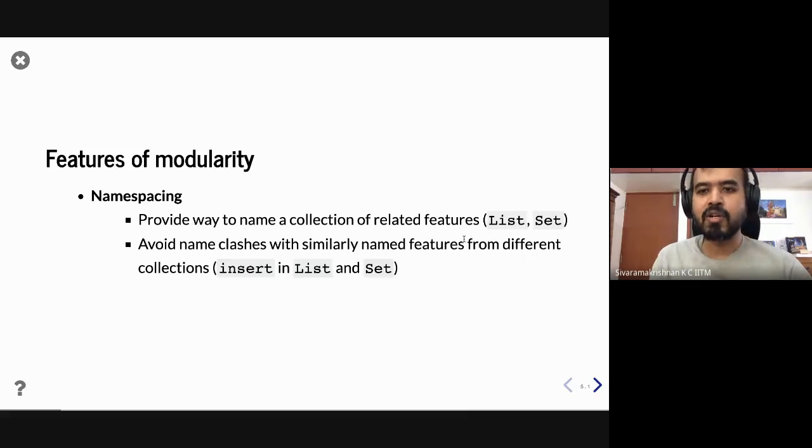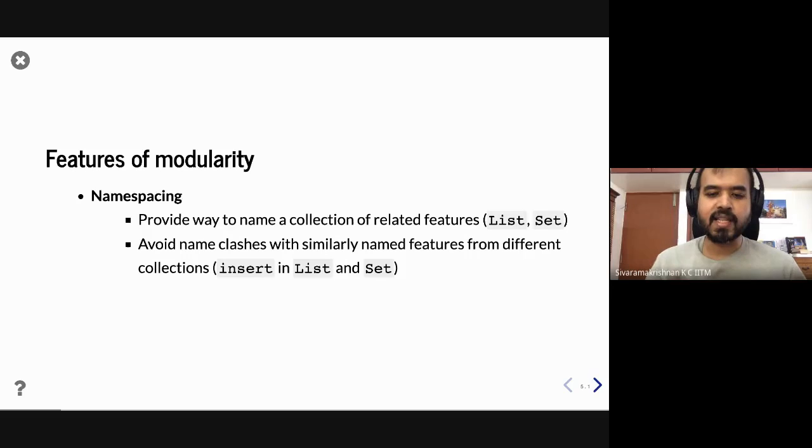For example, you want to say all the list operations are under this module list so that you can do list dot length, list dot head, list dot tail, and so on. Similarly for set and so on. So this gives you a way of collecting multiple operations under the same name, but also avoids name clashes, right? So both set and list have insert functions, right?